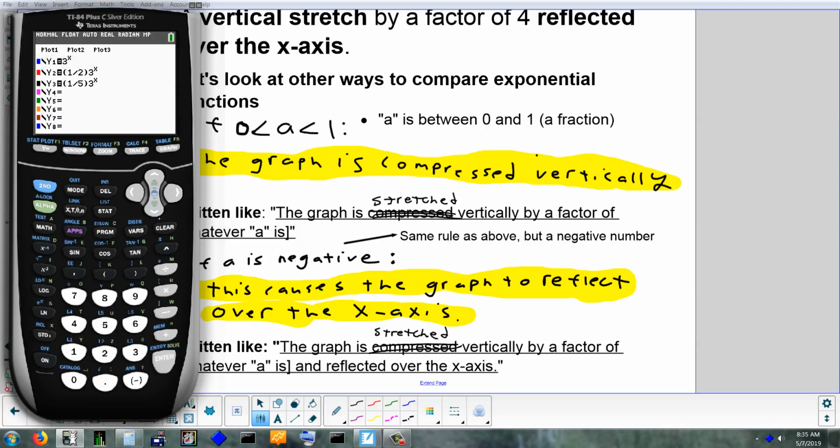Let's take the red one and make it negative. What does the negative do? It flips it. So watch the pink one. Instead of curving up, it's going to curve down. It's been flipped. It was the red one flipped.